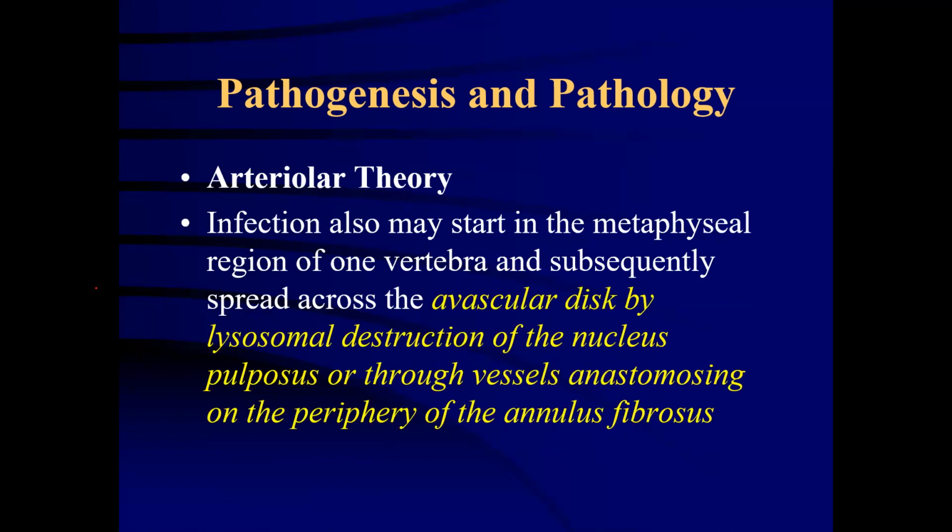Infection also may start in the metaphyseal region of one vertebra and subsequently spread across the avascular disc by lysosomal destruction of the nucleus pulposus or through vessels anastomosing on the periphery of the annulus fibrosus.